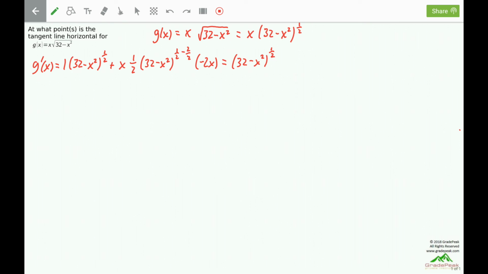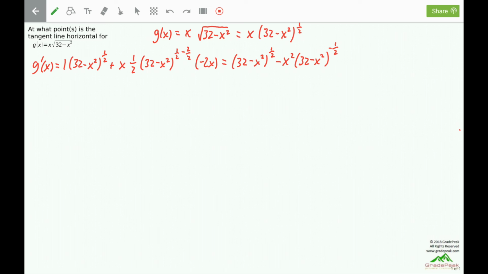Our second term, we're going to collect the constants together. We have a 1/2, we have a -2, which will be -2/2 if you multiply them, or -1. We also have an x here, and we have an x here, and that will give us an x squared. And then we have the 32 minus x squared to the 1/2 minus 1, or -1/2 power.